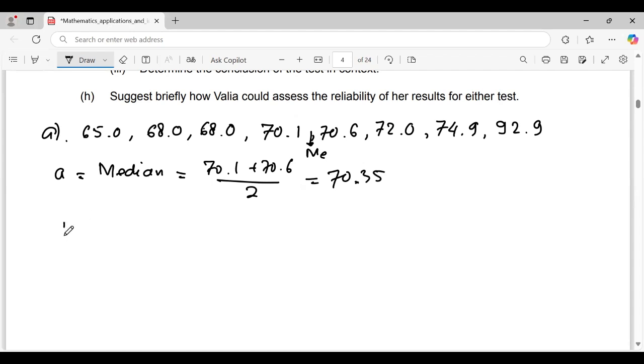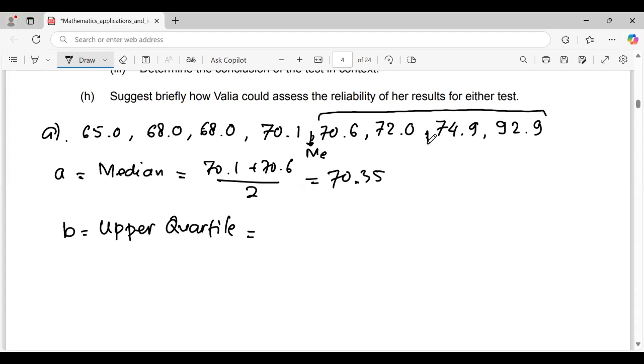After that, B, according to Table 2, is the upper quartile. It means we find the median of the upper half of the data, 1, 2, 3, 4. This is the upper quartile: 72.0 plus 74.9 divided by 2, it is 73.45.